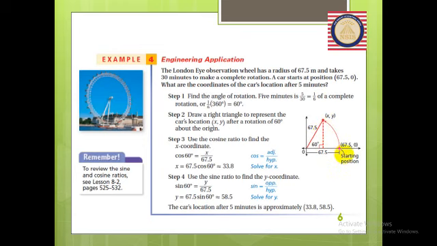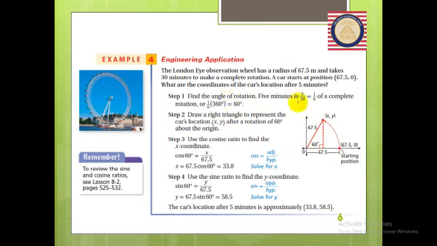This is part of the circle, so this is a radius, 67.5, and this is another radius, also 67.5. Then I make a perpendicular on the horizontal line, and we get the angle, 60 degrees.